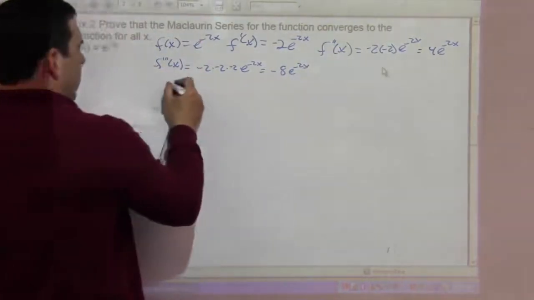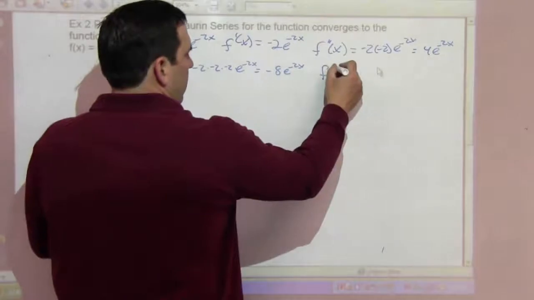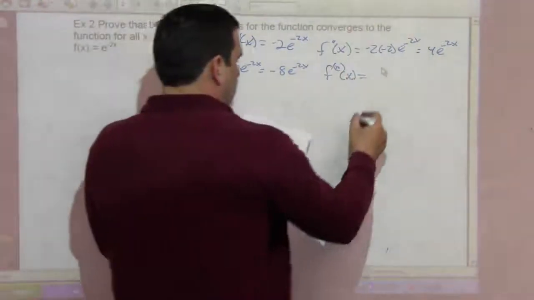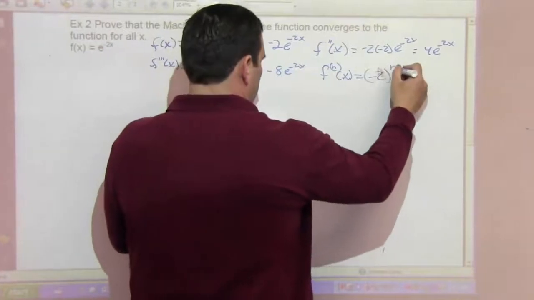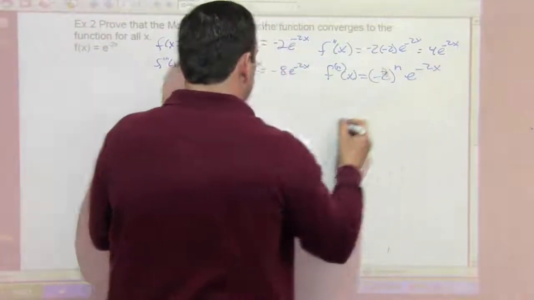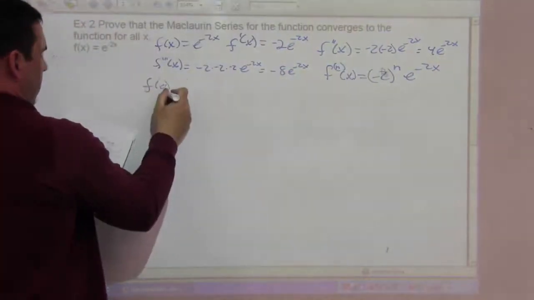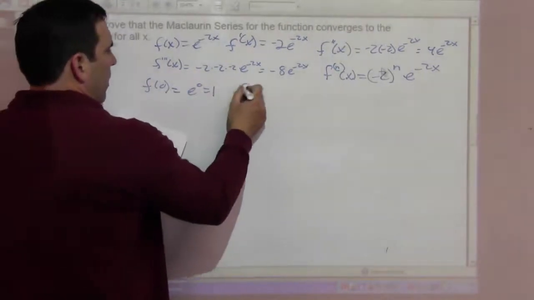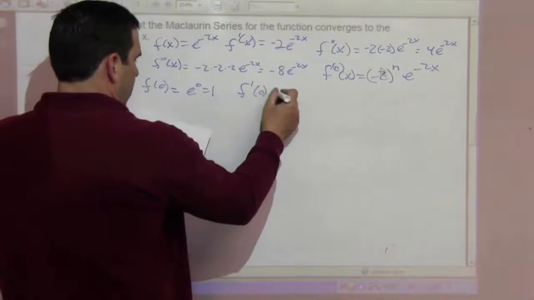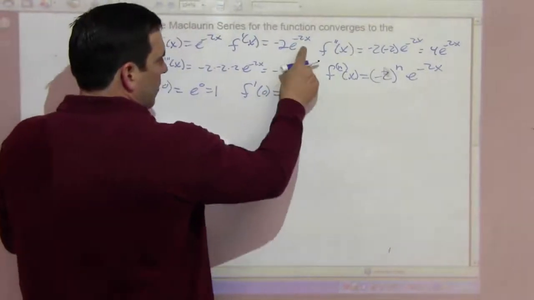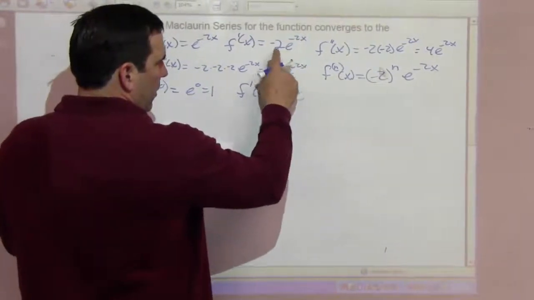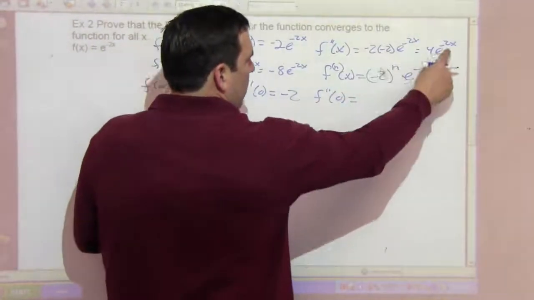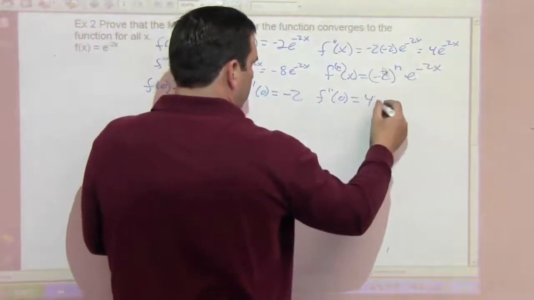So our nth derivative of x, I hope we can see a pattern here, it's going to be negative 2 to the n power e to the negative 2x. F of 0 is e to the 0, which is 1. F prime of 0 is going to be negative 2, just putting 0 in there. You get negative 2. F double prime of 0 is going to be 4.